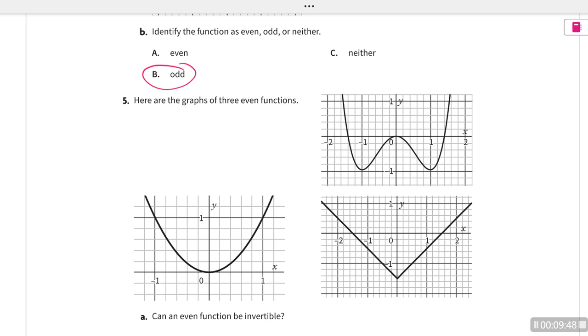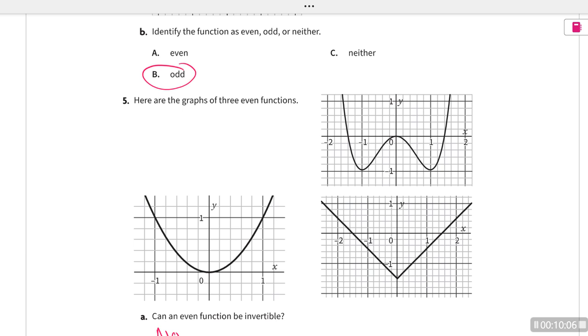Okay, so question 5. Here are the graphs of 3 even functions. Can an even function be invertible? The answer here is just no. Or I should say, no, unless we restrict the domain.